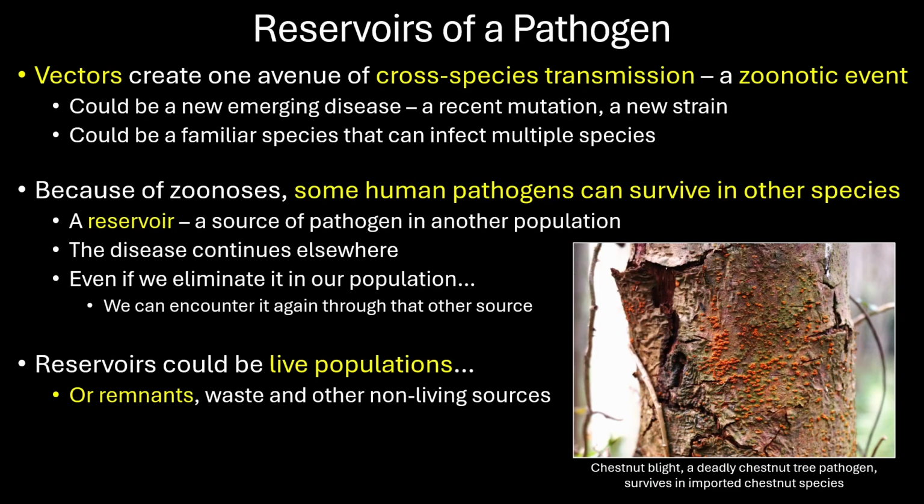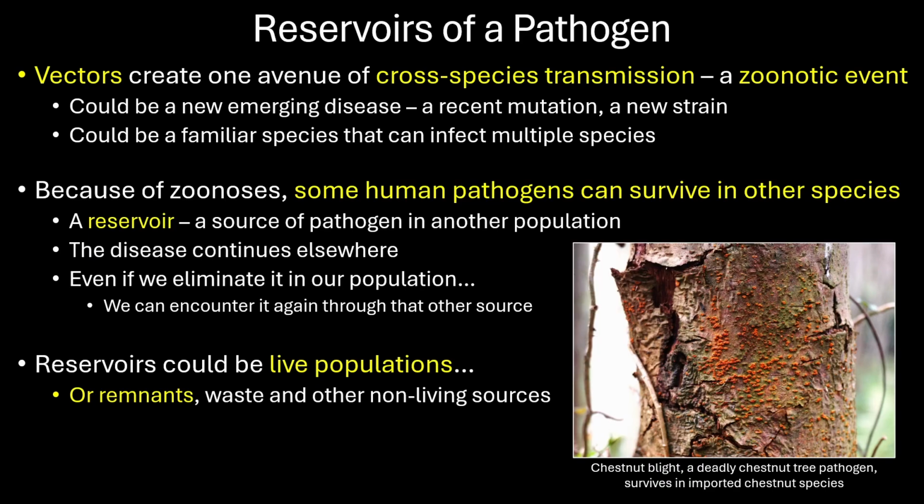Because of the possibility of zoonosis, some human pathogens can also survive in other species. And this can create what we call a reservoir, a source of a pathogen in some other population. In this way, the disease can continue to survive even if we fully eliminate that disease from our population. That disease can still perpetuate because it still exists somewhere in nature. A good example of this is COVID-19.